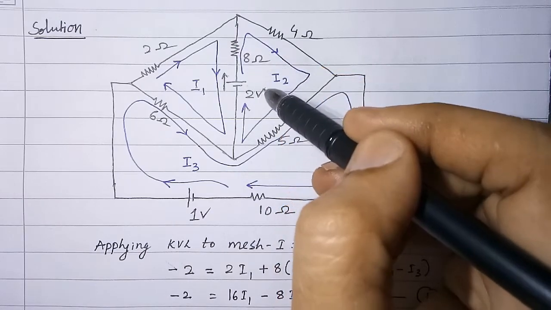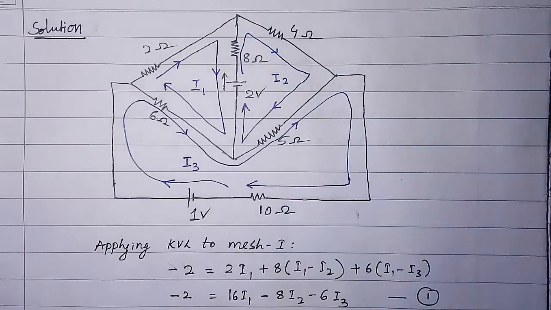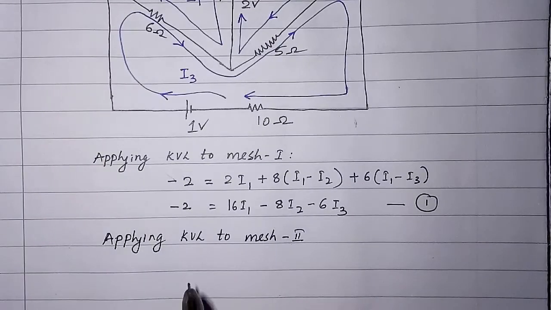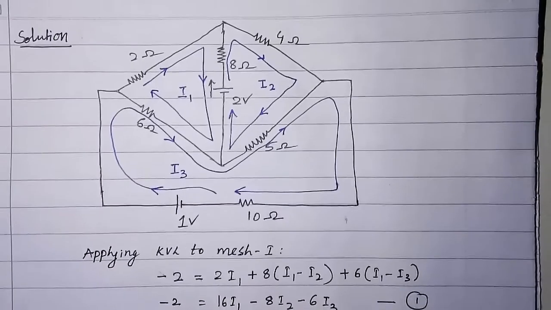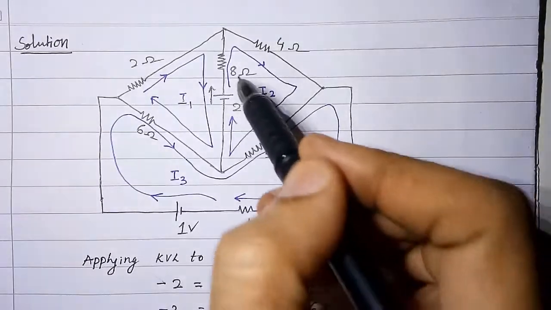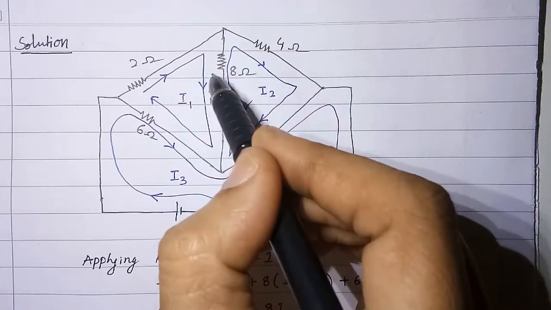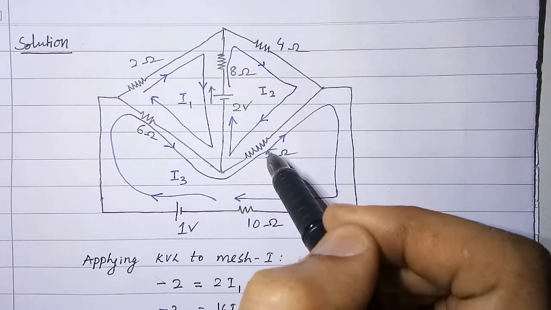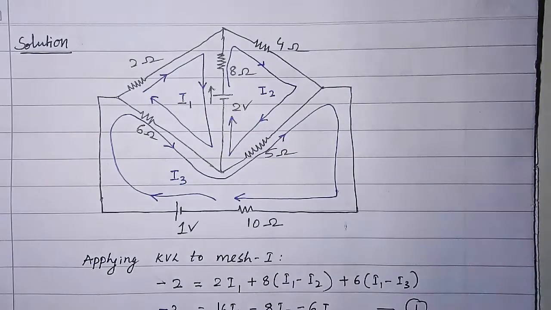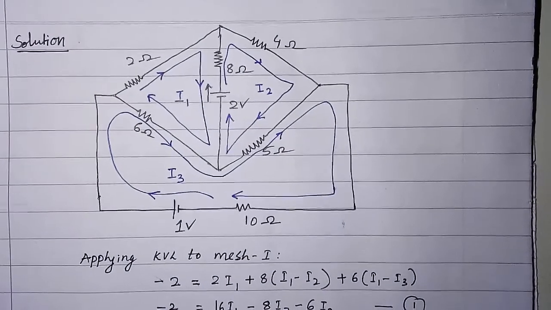Therefore I will take 2 volt as positive. So write here 2 volt equal to, now 8 into the bracket I2 minus I1, 4 into I2 plus 5 into the bracket I2 minus I3 are the voltage drops.